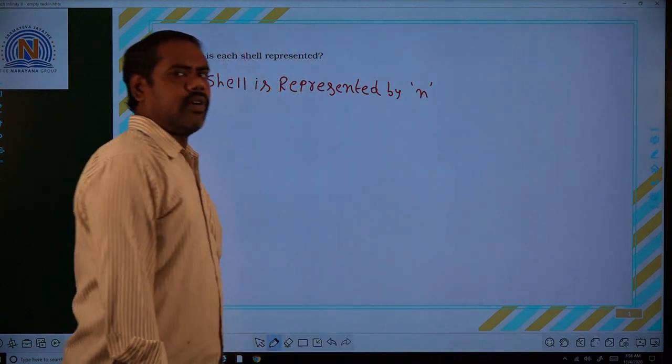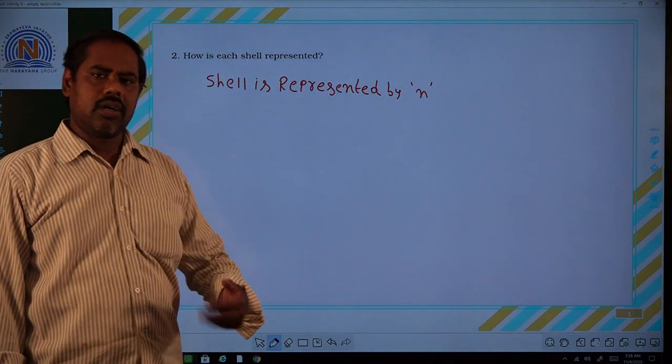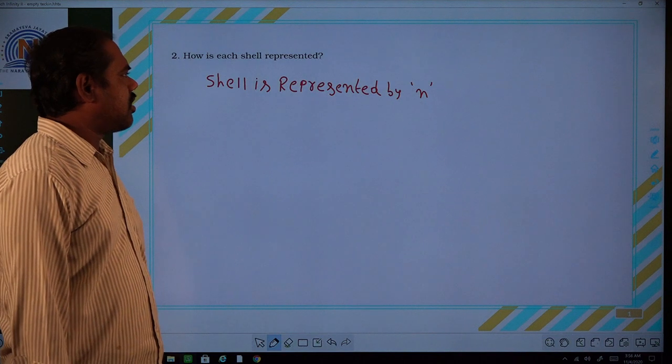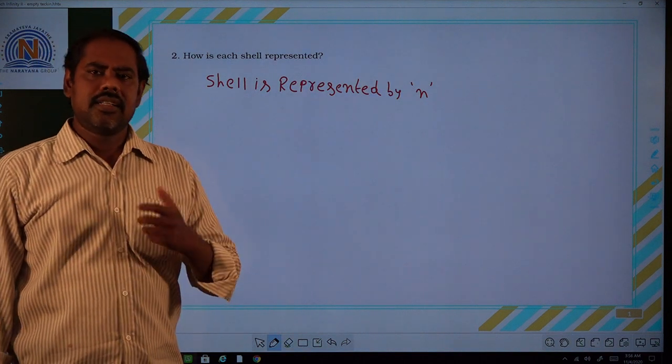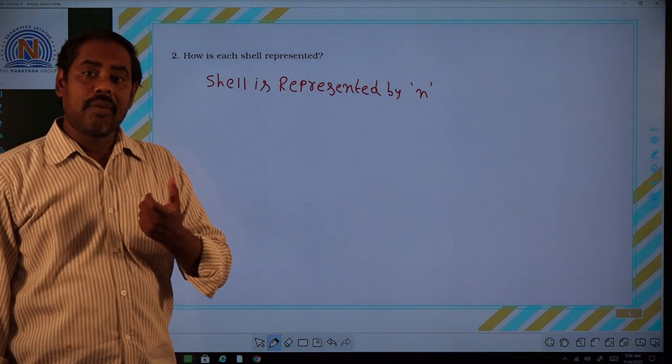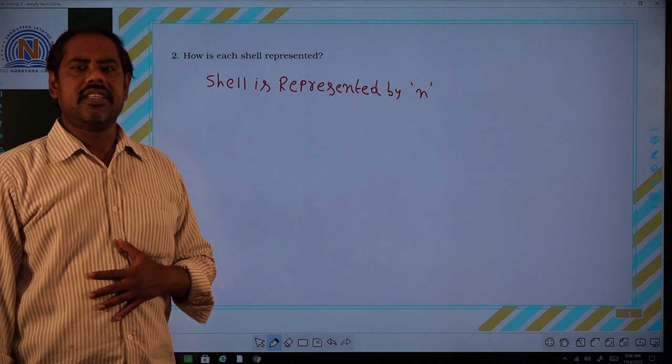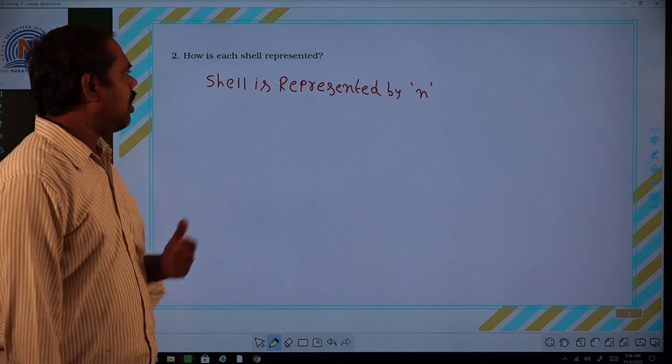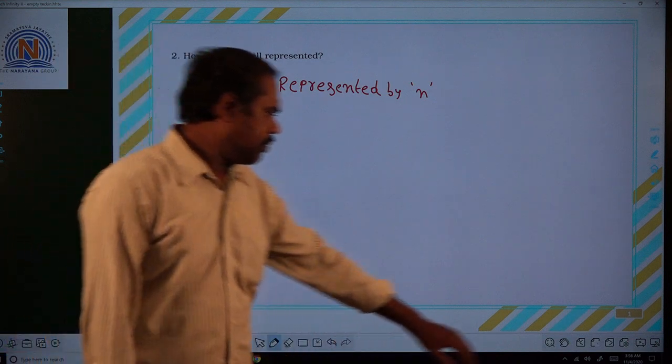Here n is equal to 1, 2, 3, 4 and so on. n indicates the shell or orbit or main energy level. This is about the n.